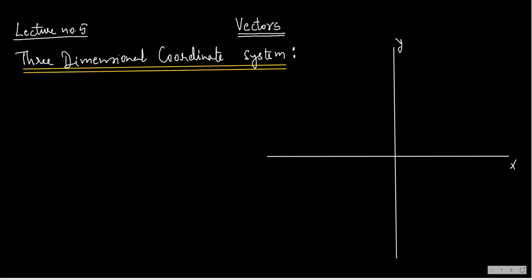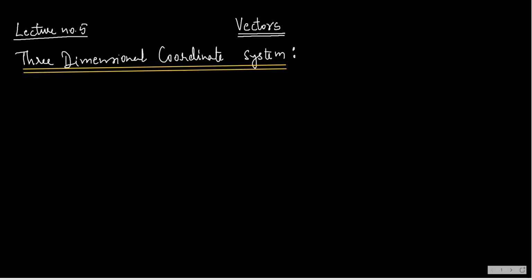When we go for the 3D system, there are a few changes that you have to understand. First, in the 3D system, there will be three coordinate axes.